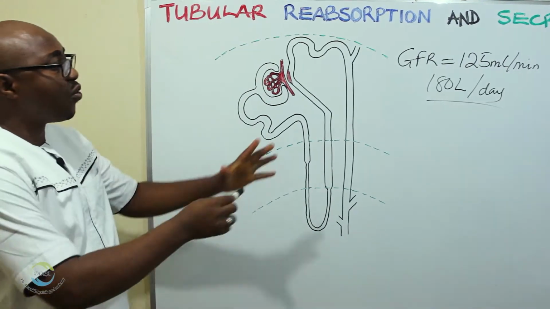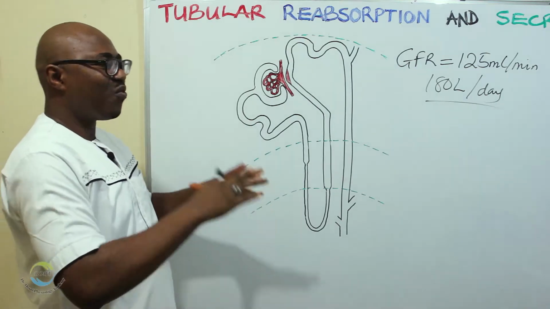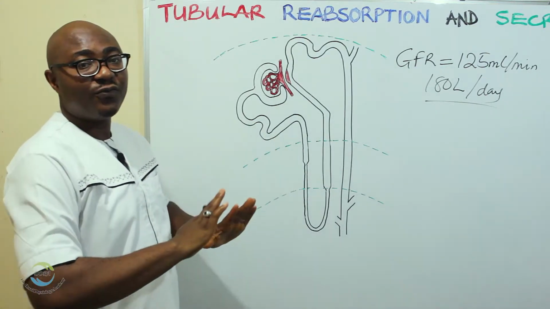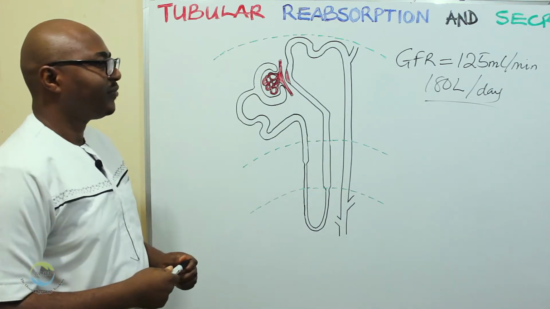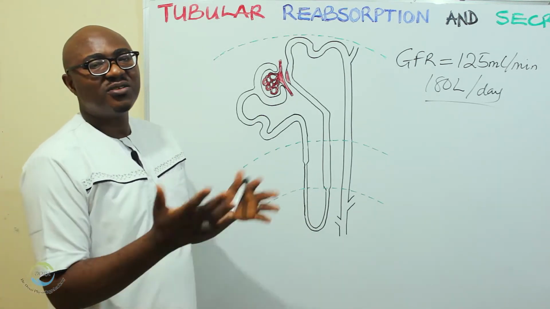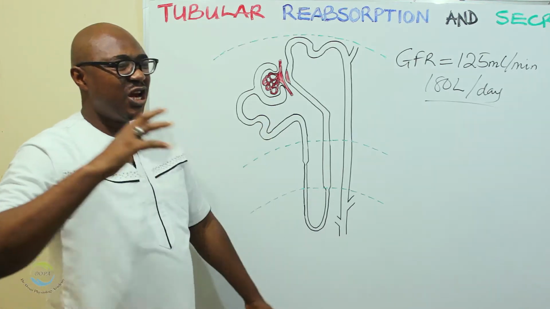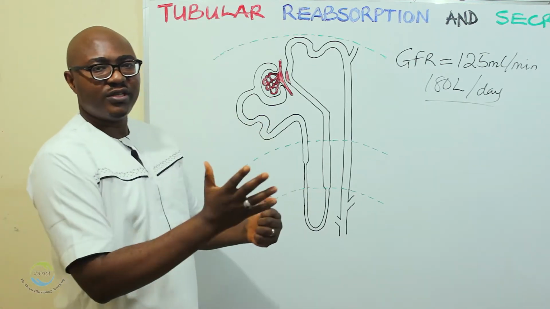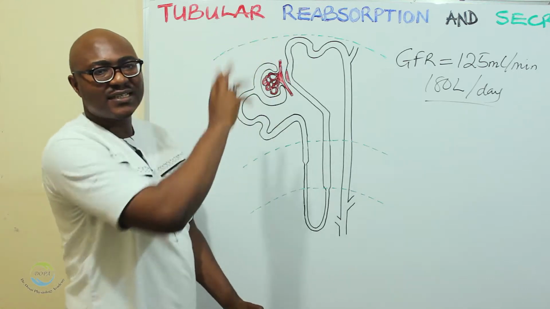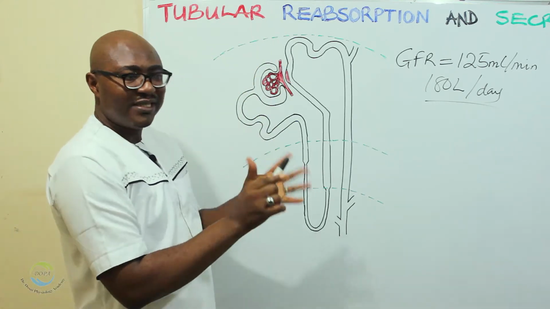This is a whole lot. The kidneys filter 180 liters of fluid in one day. But the urine that you pass out in a whole day is usually no more than 1 to 2 liters. What does that tell you? That a lot of fluid has to go back into the blood. So we're going to be dealing with that.